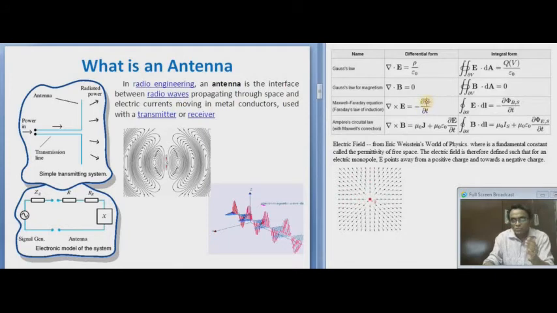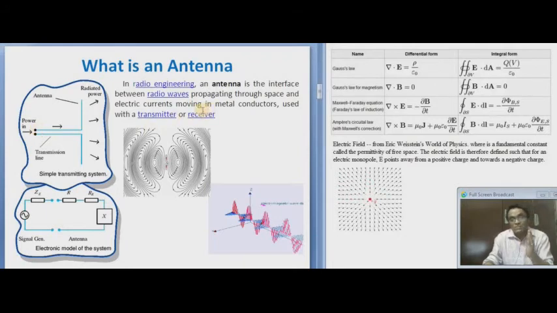Here also, from the third law of Maxwell's equations, which is Faraday's law, the time varying field will generate an electric field, and therefore electric current will flow inside the conductor. This is called the receiver end.